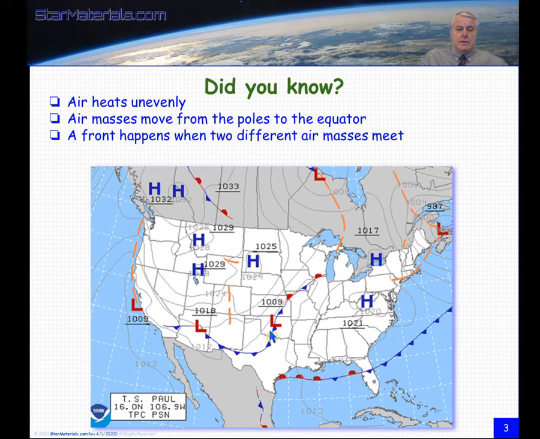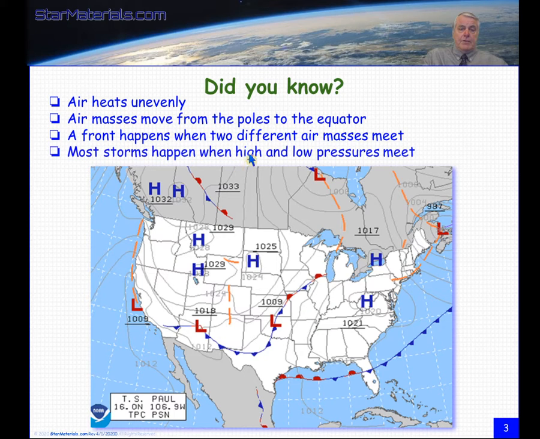When they meet, you have something called a front, and that's where a lot of weather happens. Most storms happen when a high and low pressure meet. That's where this line is drawn.